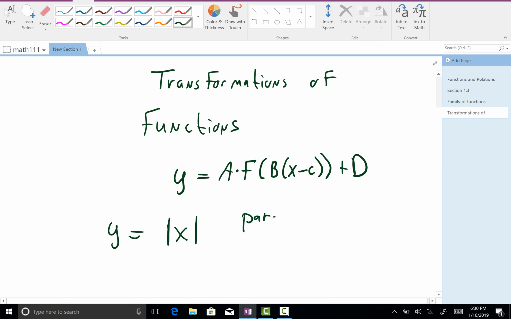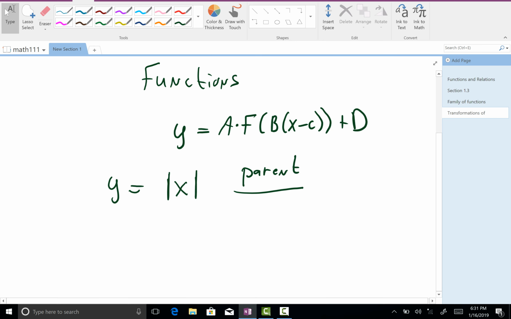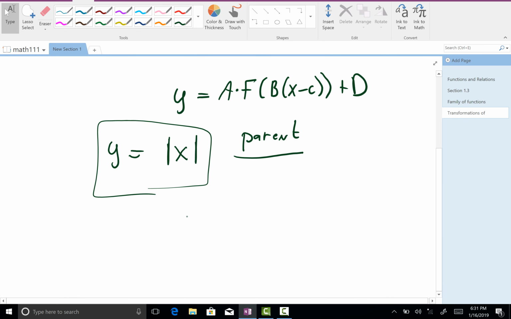Sometimes they use that word, a parent, and then when you start manipulating it, that becomes sort of like a child of that function. So this would be the main one, and as soon as I put one of these parameters on it, that changes the graph of it, and therefore becomes a child kind of thing. That's kind of what the whole idea is about.